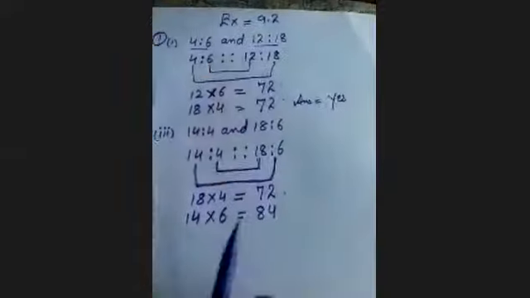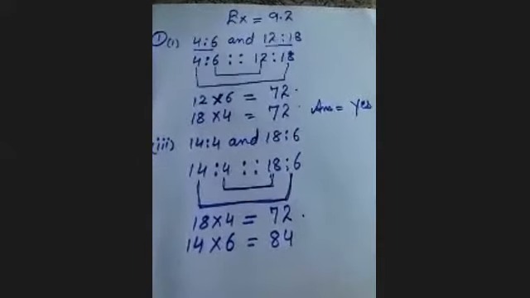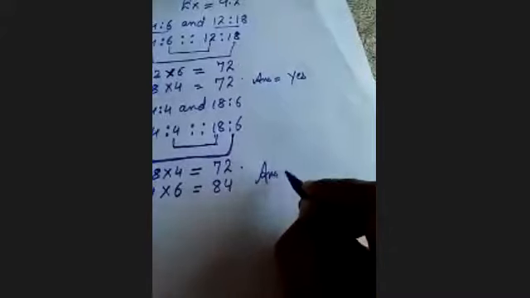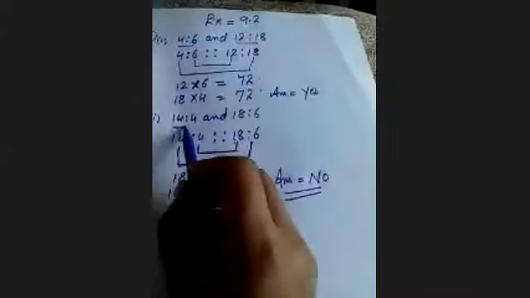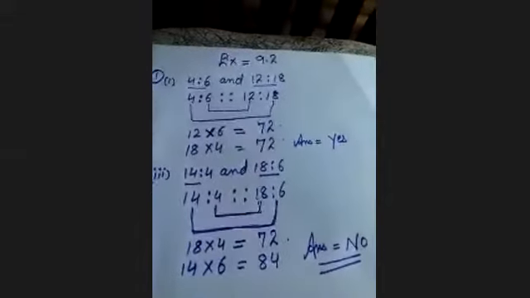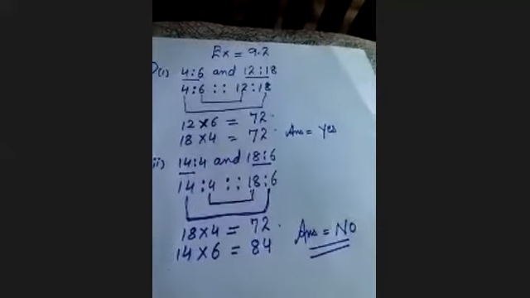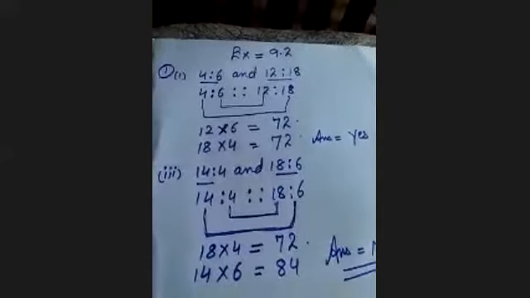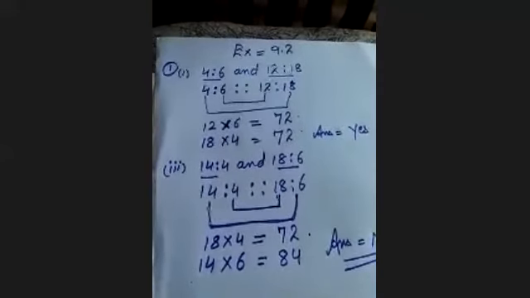So it means 14:4 and 18:6 are not in proportion. So your answer is no. Now students, you will solve part second and fourth and complete question number first.